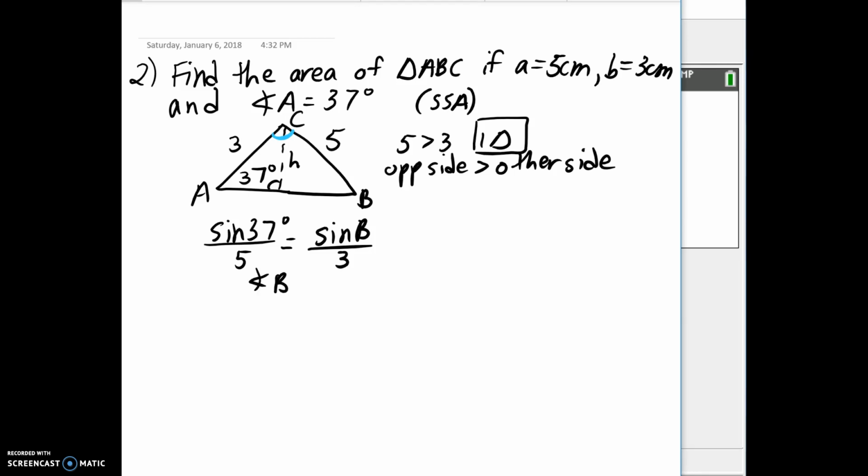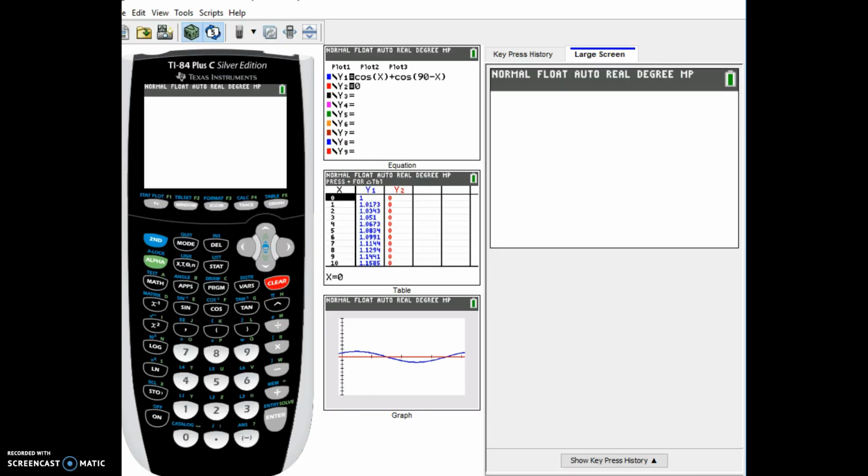So we'll get our information. Now, I do want to use my exact information, so I will go to my calculator for this to remind you of what to do. So 3 sine of 37, divided by 5. And then we're going to do inverse sine of that answer.